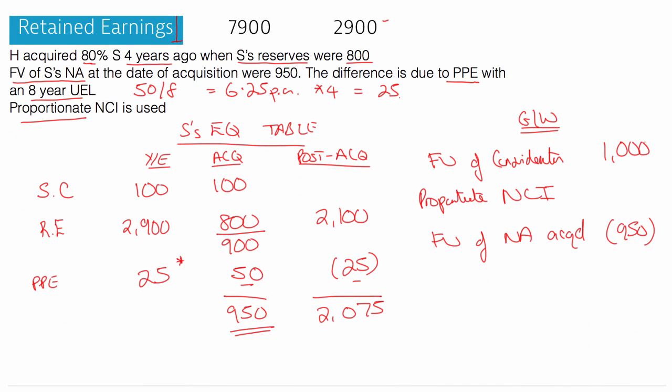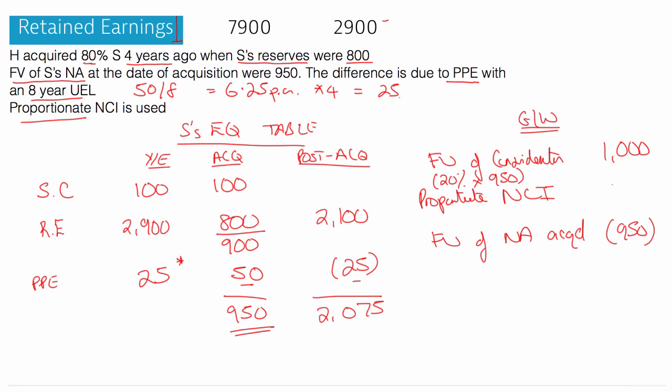I didn't pay for all of it though, I paid for 80%, so the other 20% belongs to the NCI. So they get 20% of the 950 of the fair value of S's net assets. So 20% of 950, what's that? That's 190, I think. So let me just check that.